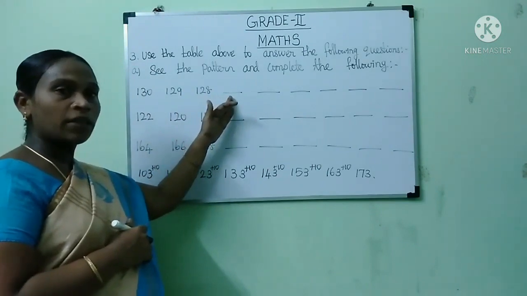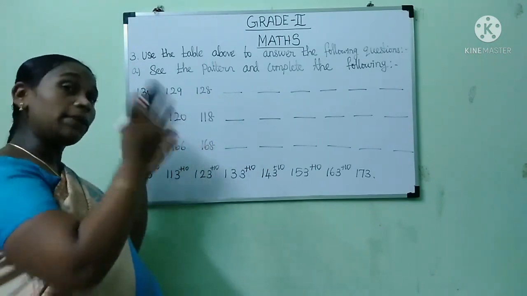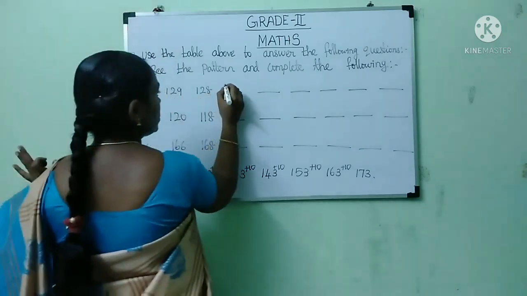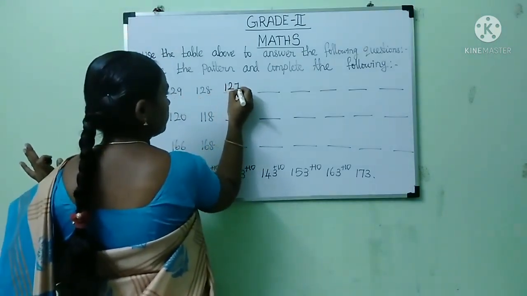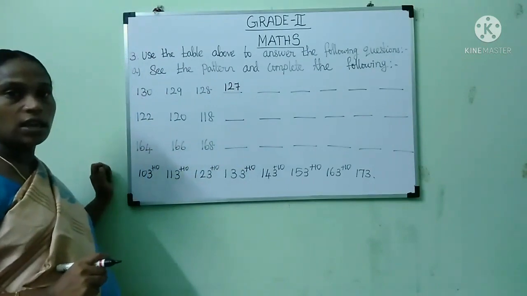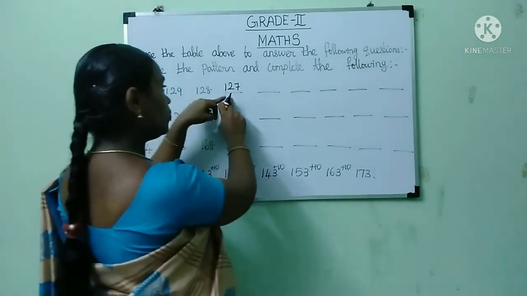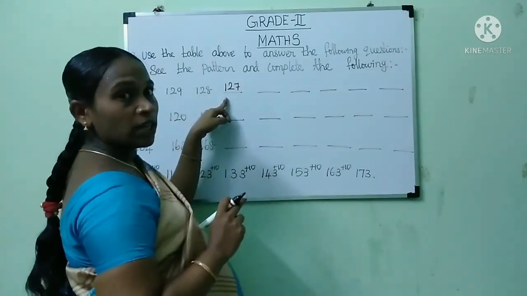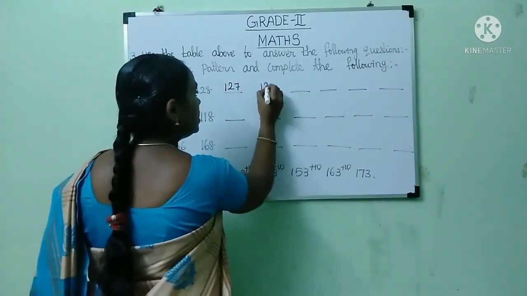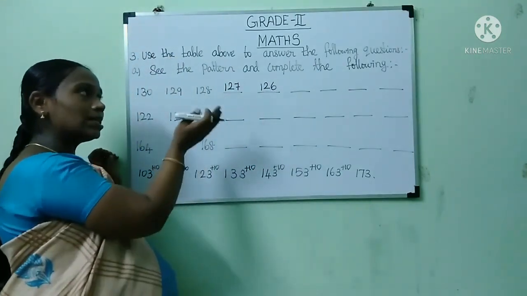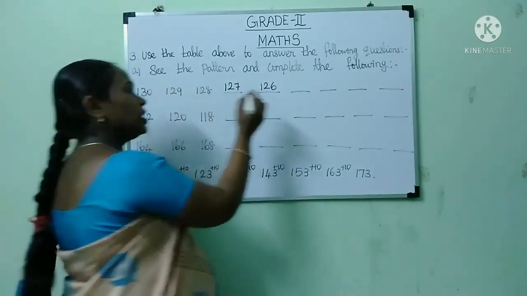So what will come next? 128 before, what will come? Yes, 127. Are you clear, children? How to write this pattern? This 127 before? Yes, 126. The next one, 126 before?